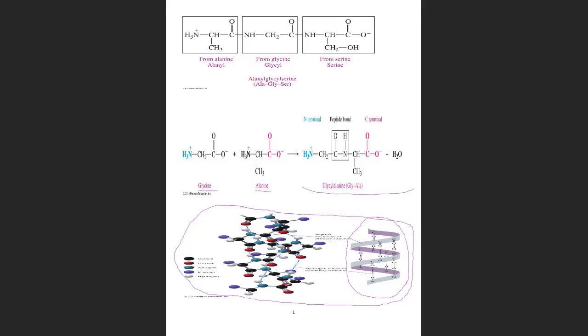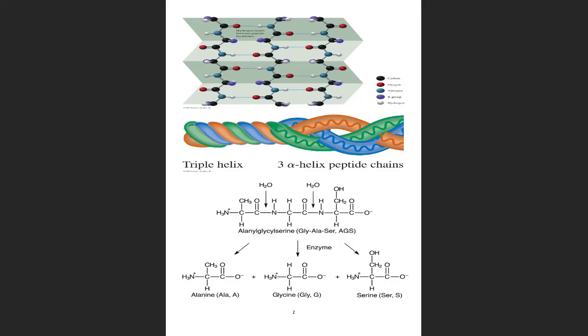You can have a helix, or you can have this structure right here that is called a beta pleated sheet. Basically, hydrogen bonds form between the peptide chains. So these are 2 examples of the secondary structure.